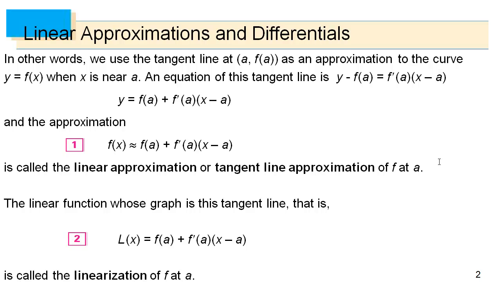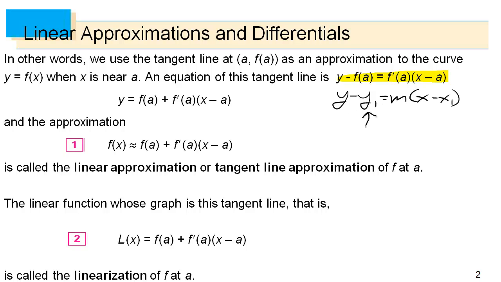Okay, so we know that we have this general formula for the equation of a tangent line, and that just comes from our standard y minus y1 equals m times x minus x1. That's the standard point slope formula of a line.